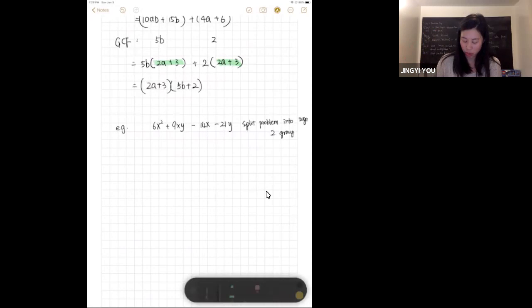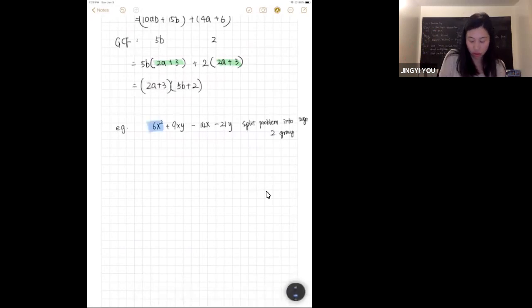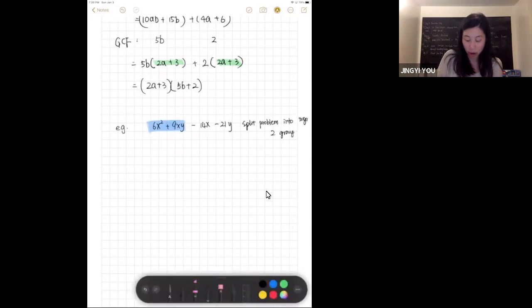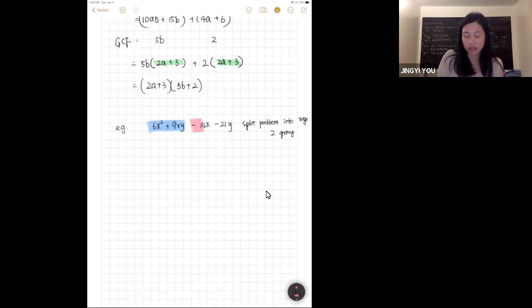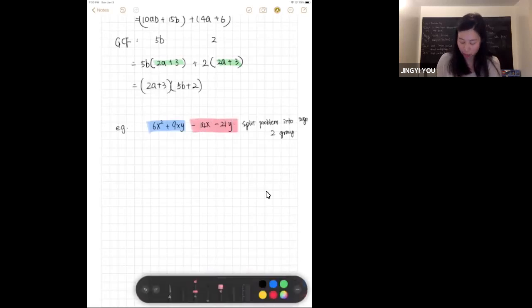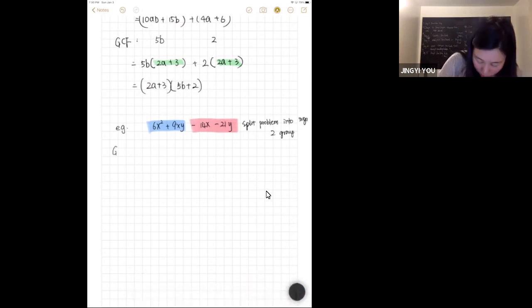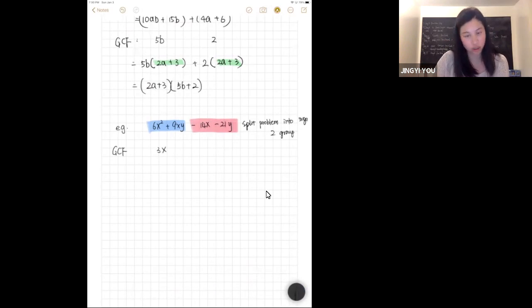The first group would be the first 2 terms, 6x squared plus 9xy. The second part is negative 14x minus 21y. Don't forget the negative sign. What's the greatest common factor for the first group? I have 3x. For the second, I have negative 14x and negative 21y, so the common factor should be negative 7. Don't forget the negative sign.